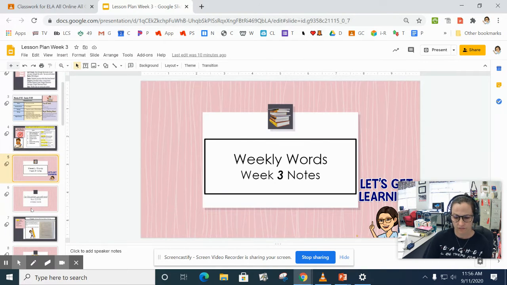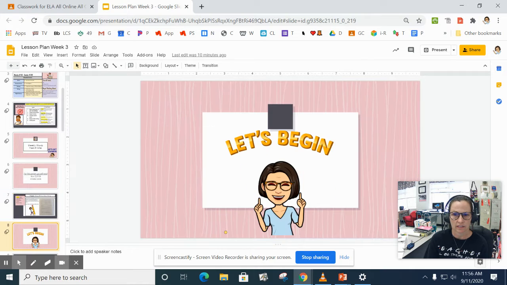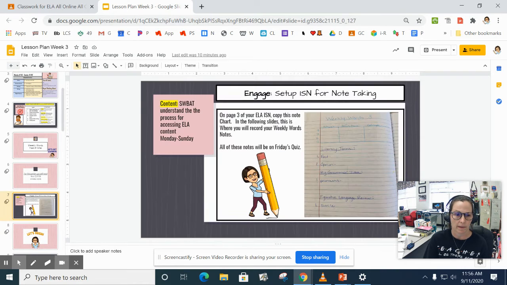Slides 5, 6, 7. Oh, actually, let me back up to 7. 7 is where you are going to be preparing your ISN for note-taking. This week we are working here on page 3 in our notebook. And this template, if you write this in your notebook at this point, you'll be able to fill things in as you follow along on the rest of the slides.